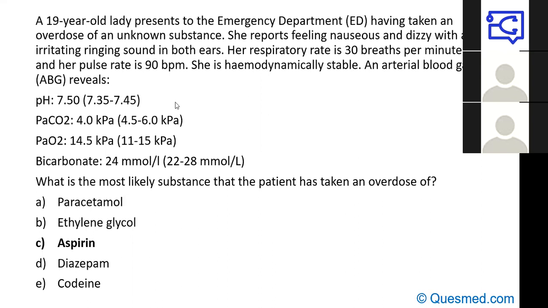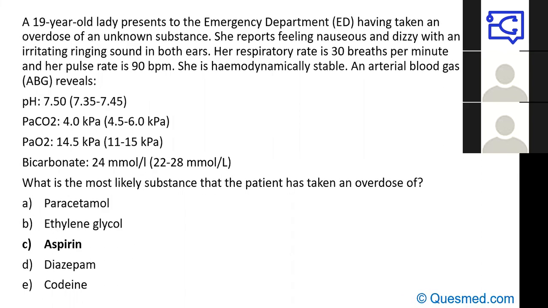I remember this is something that you find in antifreeze, and the major toxicity is actually kidney failure because you form oxalate crystals. Diazepam can cause metabolic acidosis because it increases lactate production. So that's a cause, but that would not cause the alkalosis that we can see here with a pH of 7.5. And then codeine, well, that's not going to do anything.